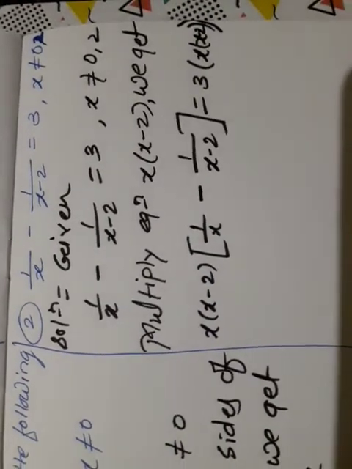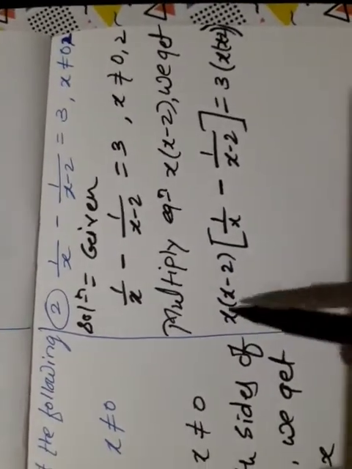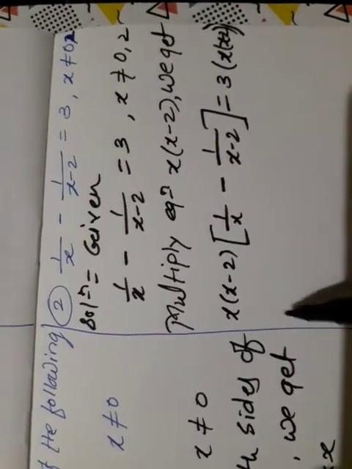Now what will be the next point? Look here, I will multiply this x into x minus 2 to this term first of all.